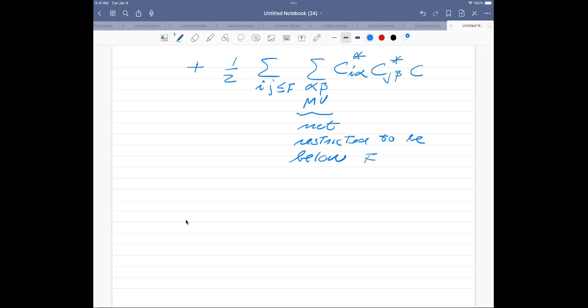I'm going to get a C of i of mu, and a C of j of nu. And then finally, this is going to be multiplied with this integral here. Let me just rewrite it. I have alpha, beta, and then V of mu and nu anti-symmetrized.